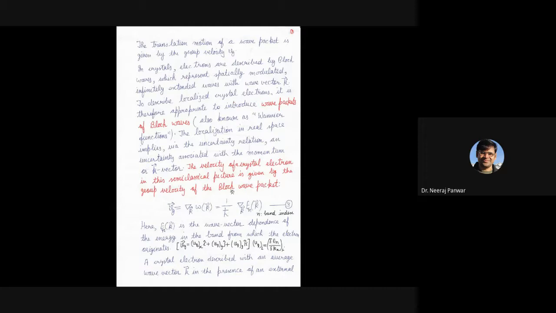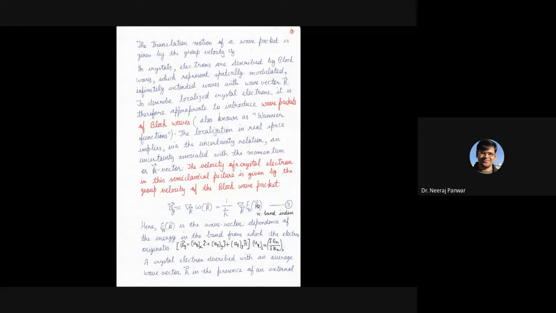So if we consider the electron to be a wave packet of Bloch waves, the group velocity of the electron inside a band is 1 upon h cross del k E n k.